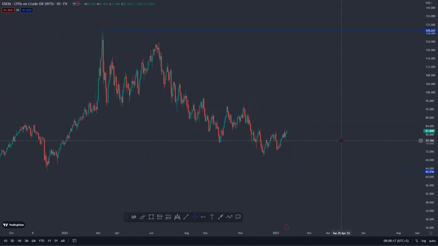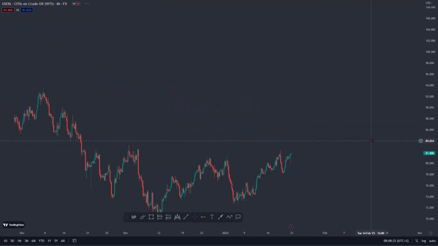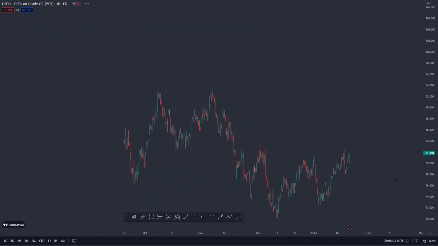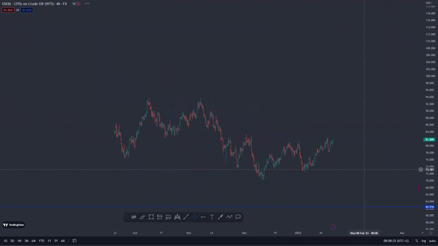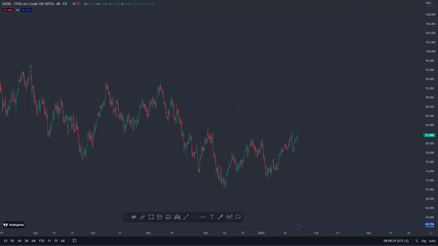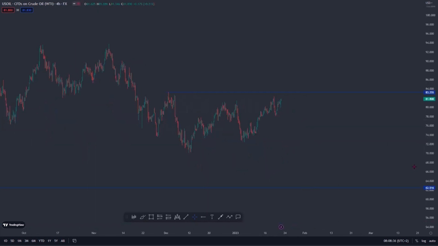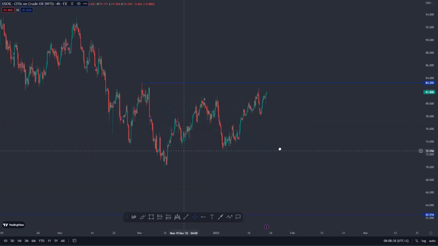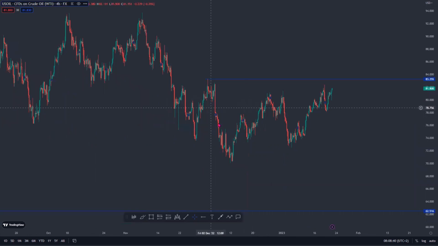So I'll go straight to 4 hour. On the 4 hour we are having our important level, which is this one, and the market gave us an impulse, and this is a correction.